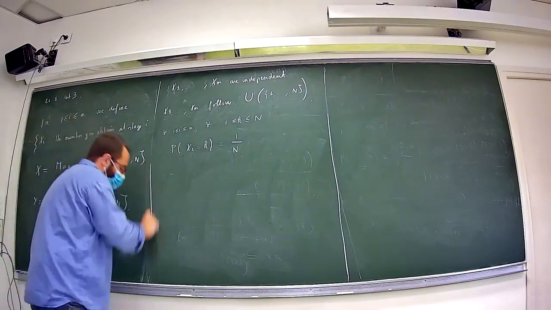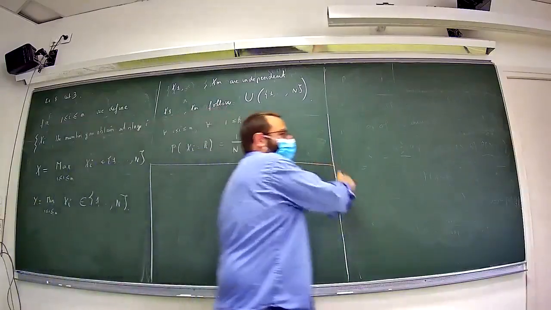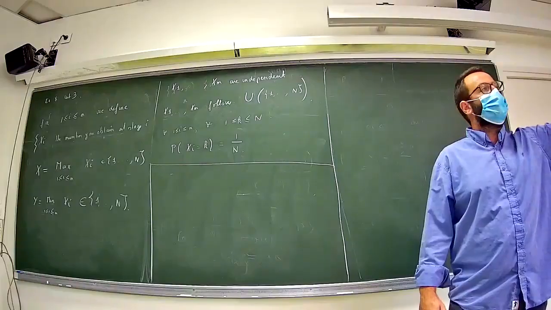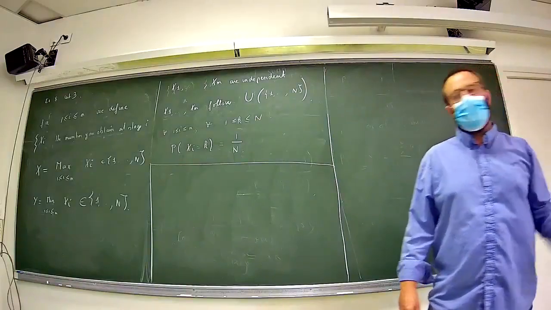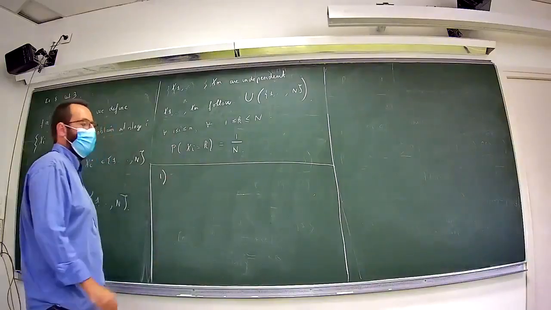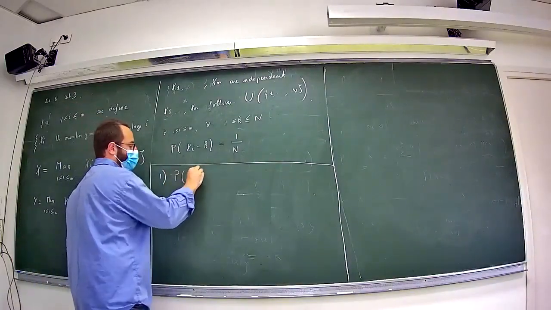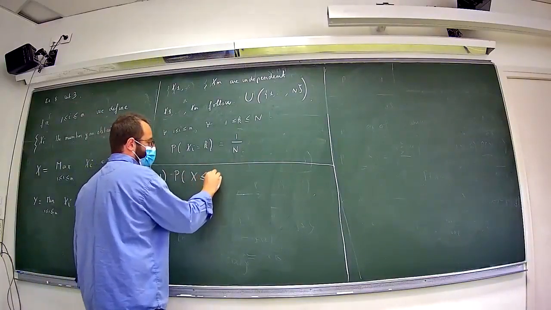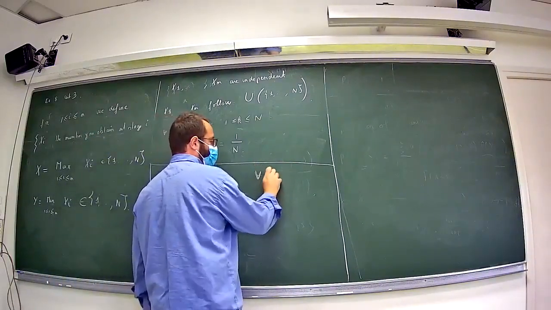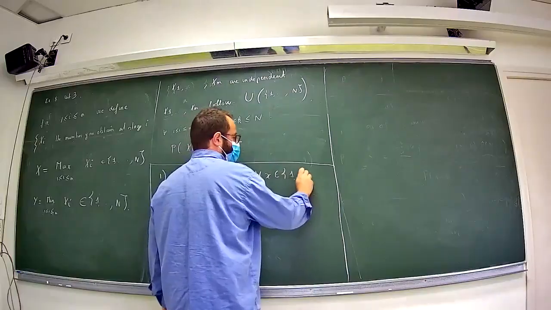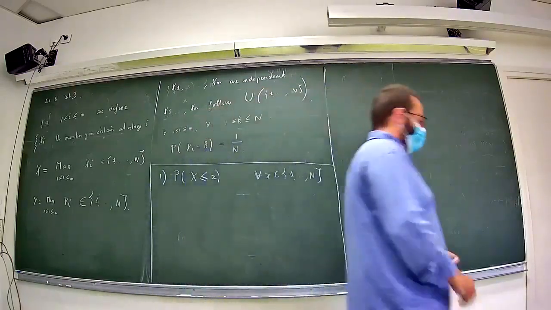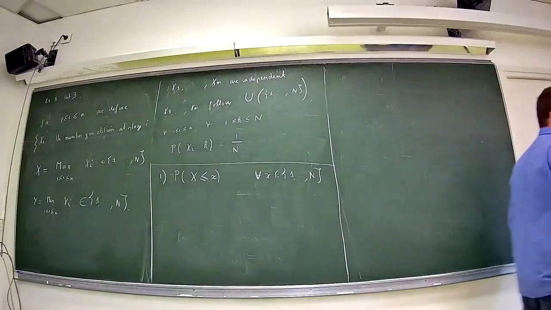But that's why we are not going to do this way, but we are going to compute the distribution with intermediate steps, okay? So my first question will be: compute the probability that capital X is less than or equal to small x, for x belonging to 1 to N. So try to do it, I give you 5 minutes to do by yourself.